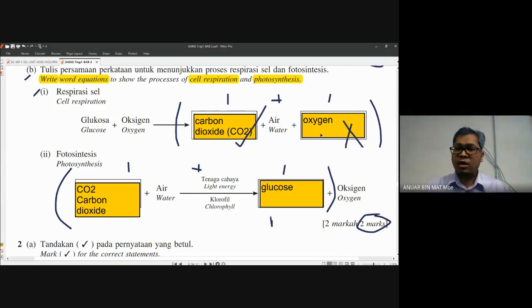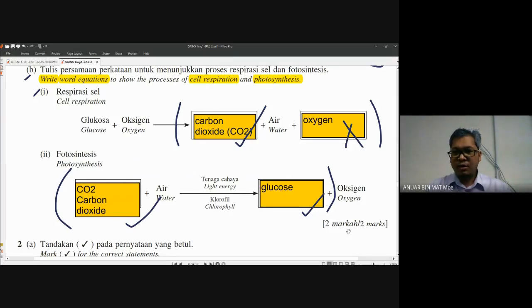So I cannot give you any mark here for question B1. I can only give you 1 mark here, although the first answer is correct. Can you see? Okay, again. I delete this. Like this, I can only give you 1 mark. Only 1 mark. Can you understand this?